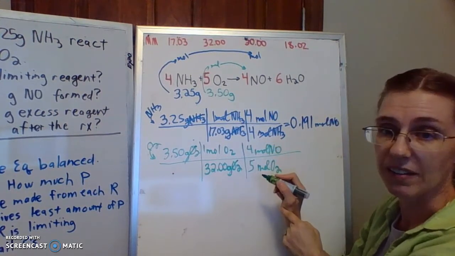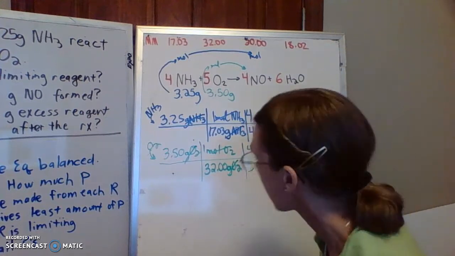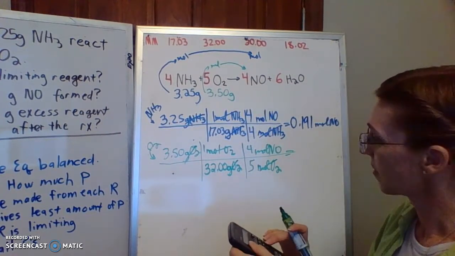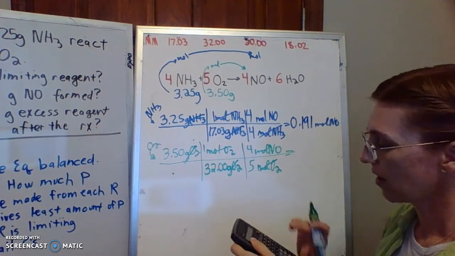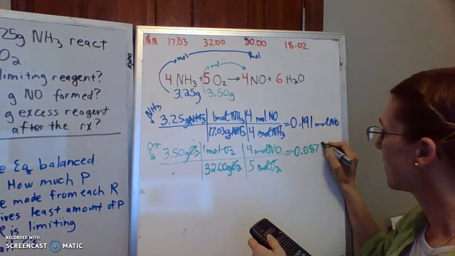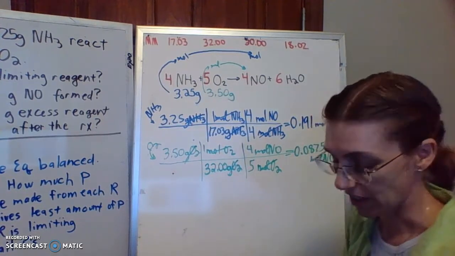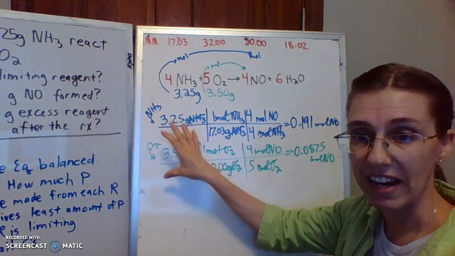So that's what we write there. Now we do this calculation, and we end up with 0.0875 moles of NO.